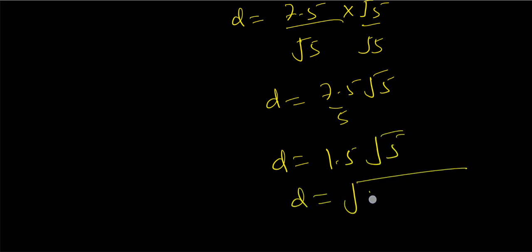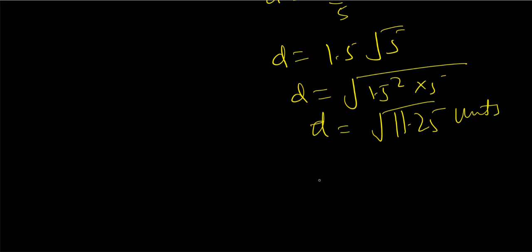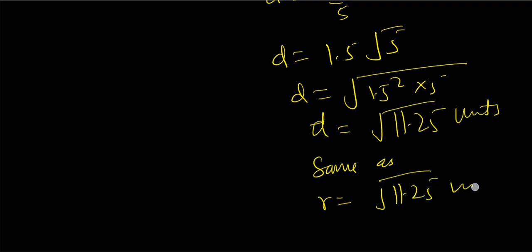Taking 1.5 inside, it will be squared, so 1.5 square times 5 gives d equals the square root of 11.25 units. This is the same value as r, which was also the square root of 11.25 units.